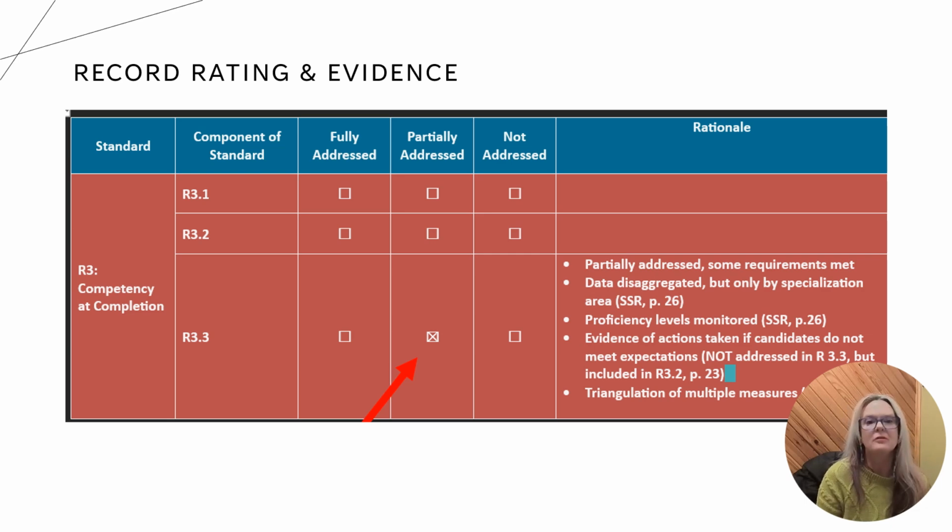So based on the information that the EPP provided in the narrative, and remember, initially when we talked about this, I said if the EPP refers to it in the self-study report narrative, let's assume that it is what it is. The evidence is indeed as they stated, and not a grocery list from 2015. So, given that context, I rated this as partially addressed.